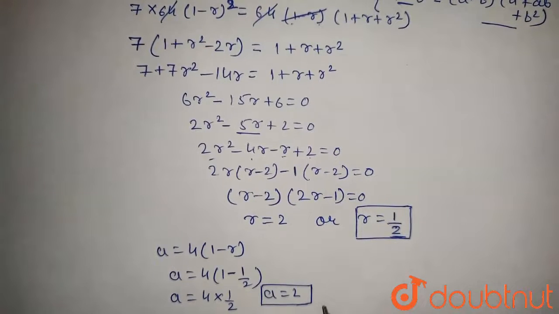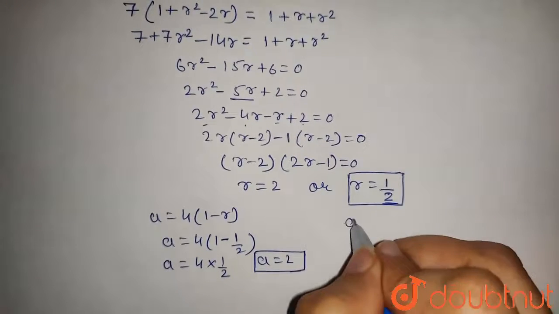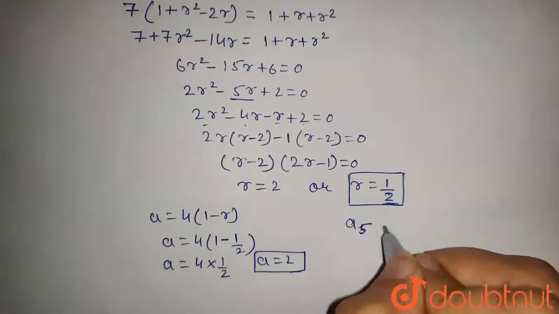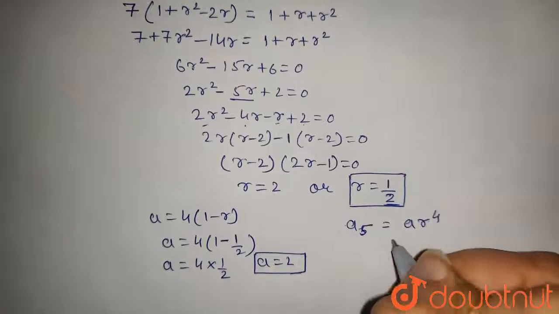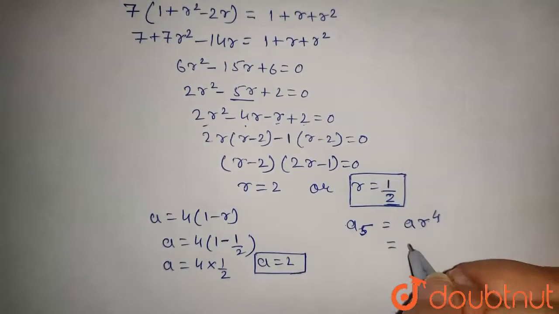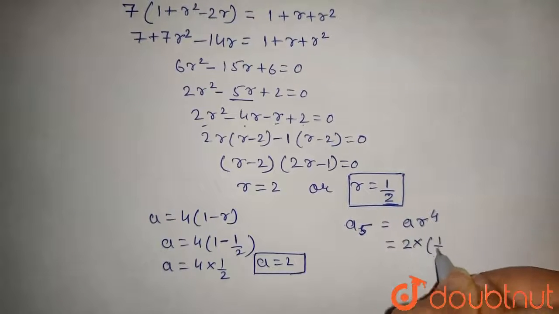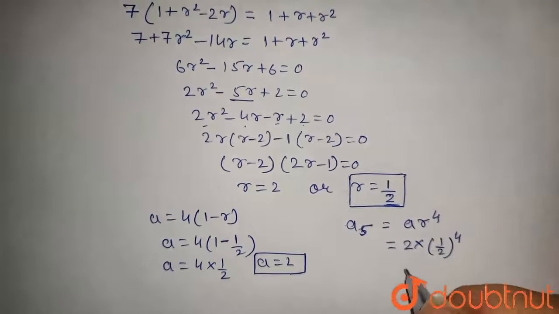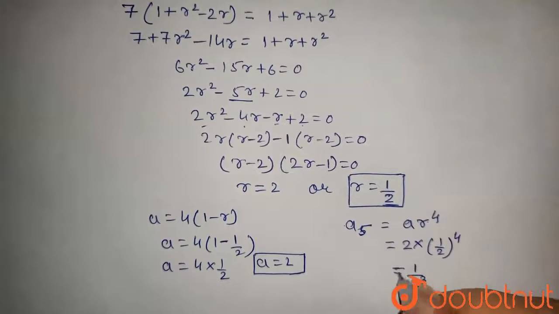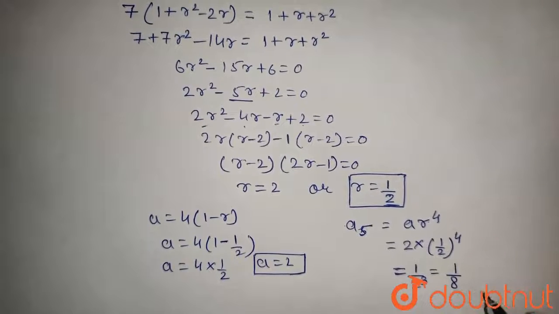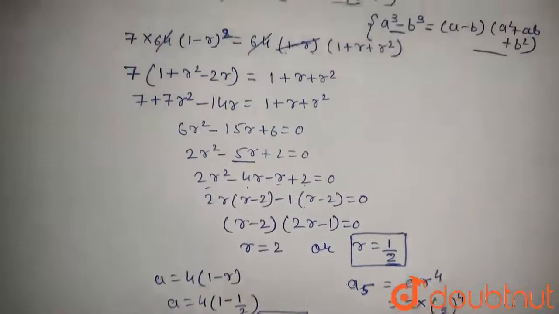Now in the question we have to find the value of the fifth term. So a5 can be written as a into r to the power 4. This is the fifth term. So putting the value of a and r in here, we get 2 into (1 by 2) to the power 4, which is equal to 1 upon 2 cube, or 1 by 8. So the value of the fifth term of this progression is 1 by 8.